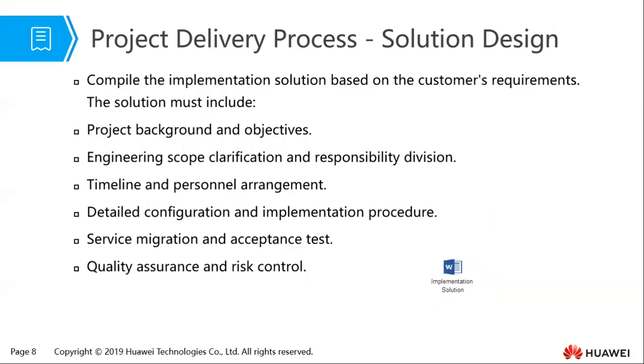Now, the next stage after the project kickoff meeting is the solution design. So here we want to compile the implementation solution based on the customer's requirements. Now, what should it include? It should include the project background and objective.